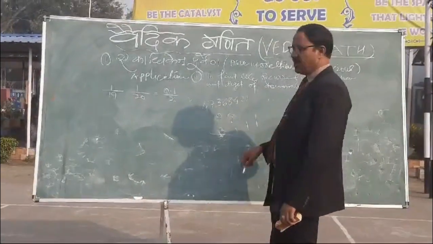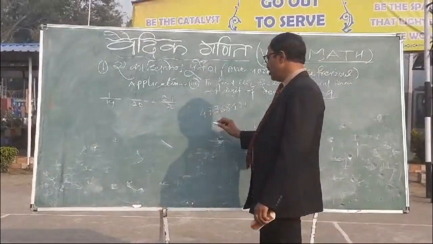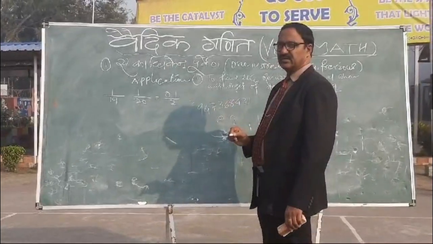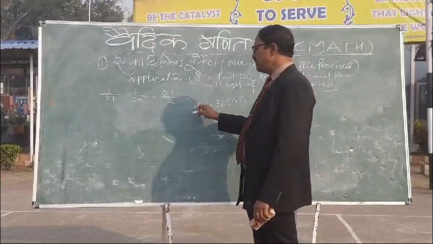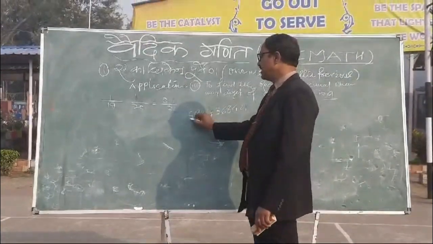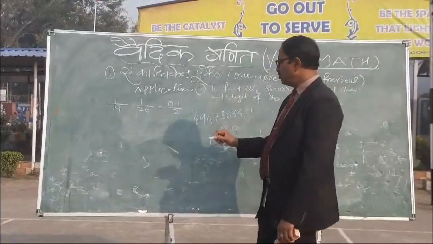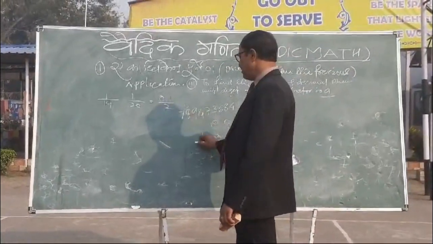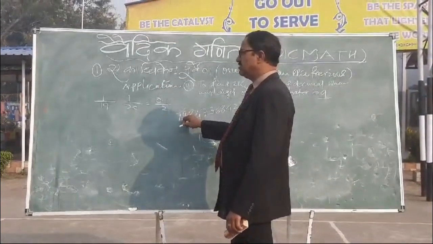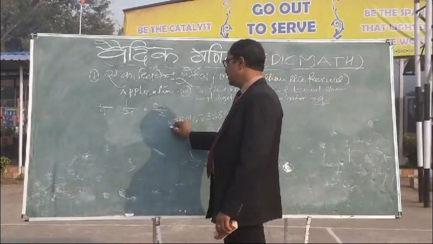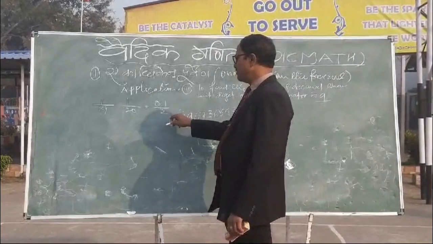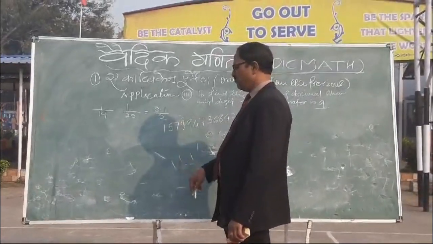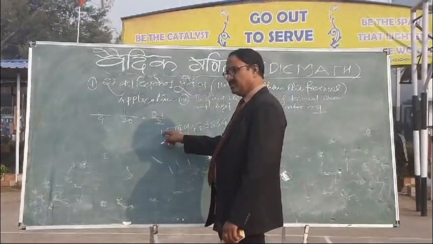Carry 1. 2 multiplied by 4, 8, and 1, 9. Very good. 2 multiplied by 9, 18. Carry 1. 2 multiplied by 8, 16, and 1, 17. Carry 1. 2 multiplied by 7, 14, and 1, 15. Carry 1. 2 multiplied by 5, 10, and 1, 11. Carry 1. 2 multiplied by 1, 2.